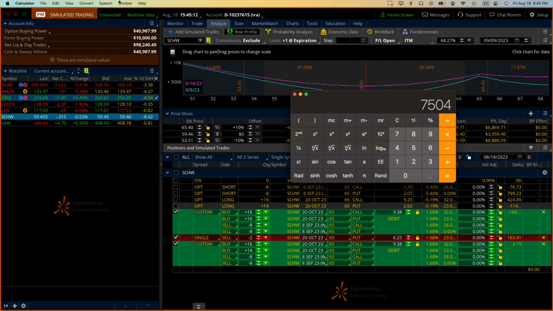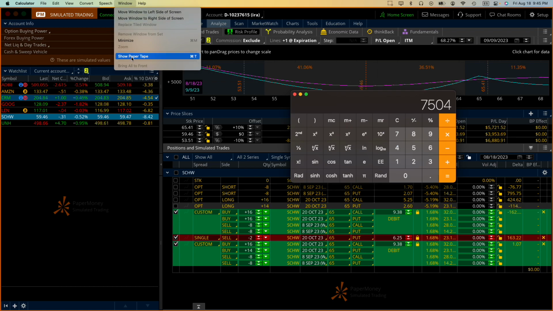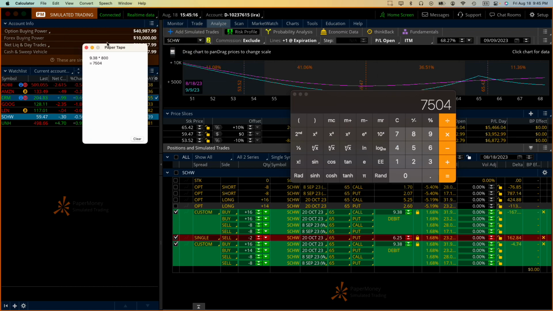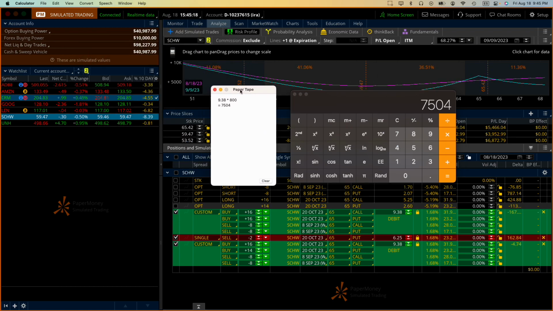Let me just show you the show paper to show the trade, the calculations that I'm doing. We can store this in memory. The trade that I just made is 6.25 times 200. Okay, so I recover 1250.